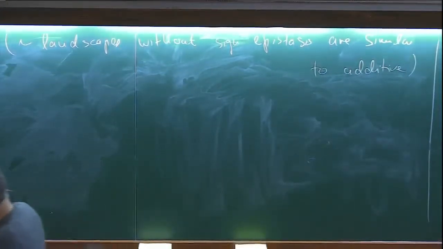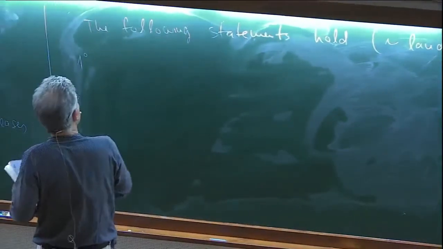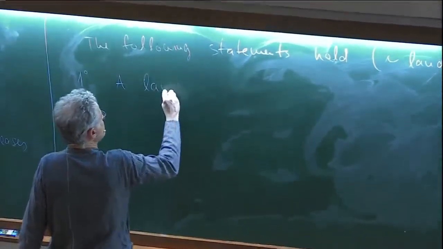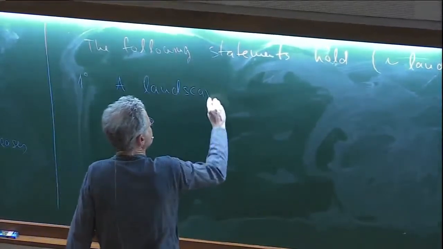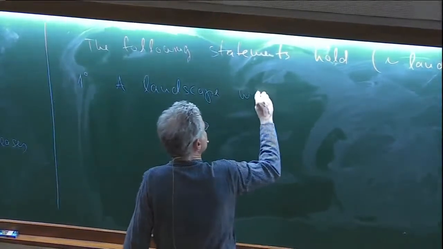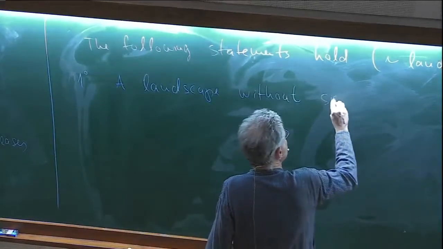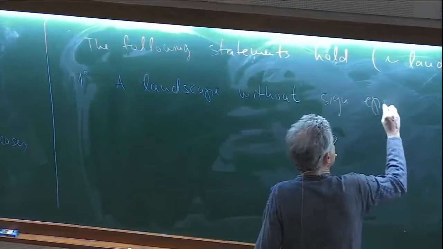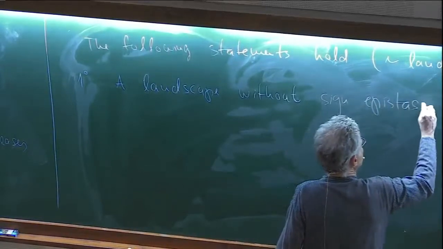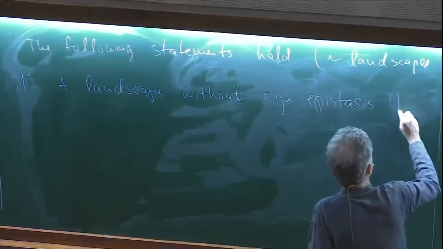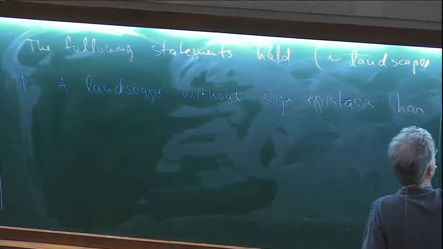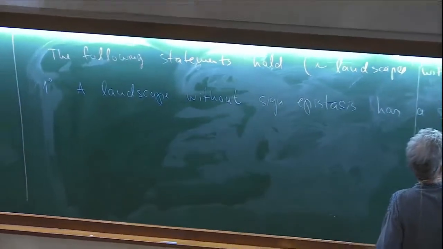The first statement is that if there's no sign epistasis, then the landscape has only a single maximum, a single global peak.